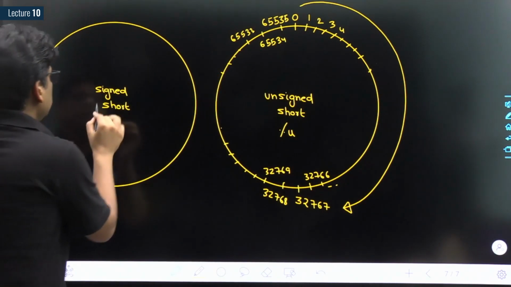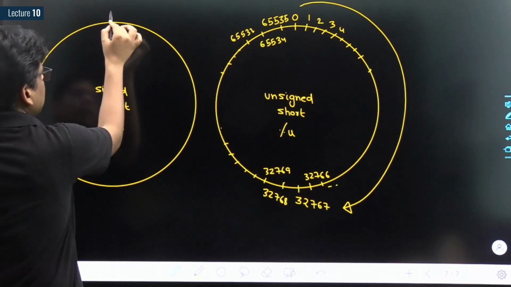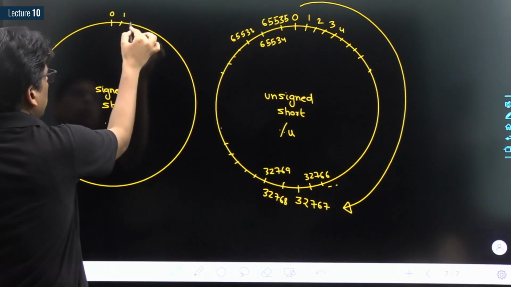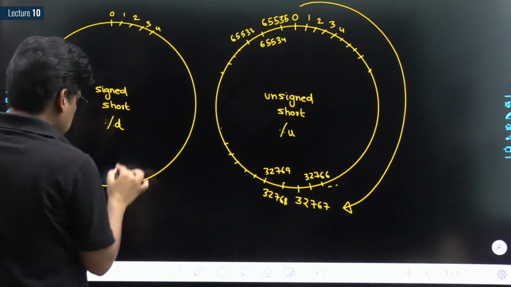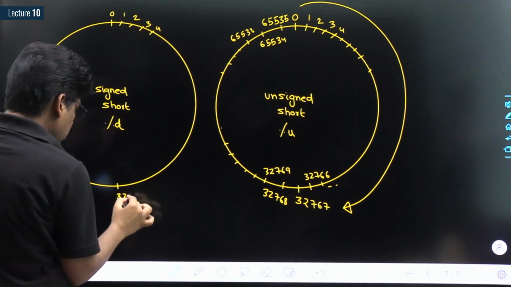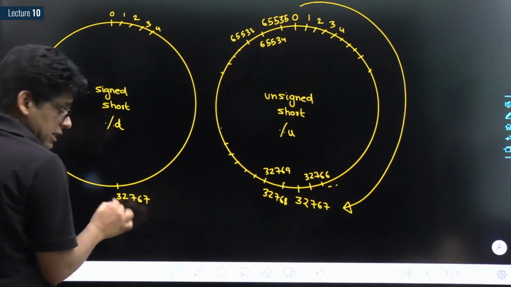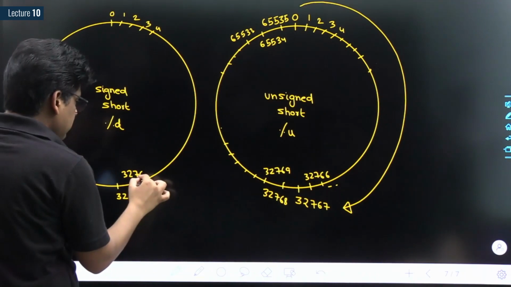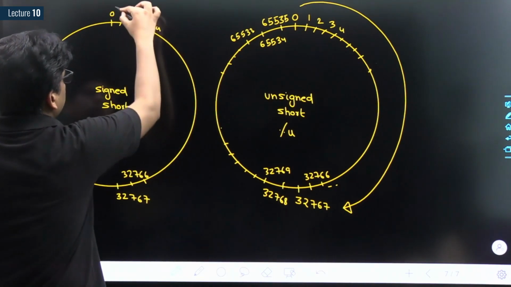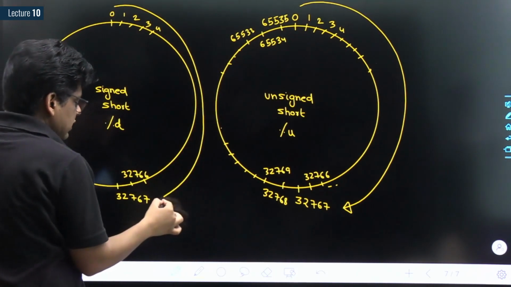Sir, what about signed short? Again, we started from 0, 1, 2, 3, 4 and so on. Here we have 32767, largest possible positive value. Here we have 32766 and so on. For positive numbers, we will move in this direction.